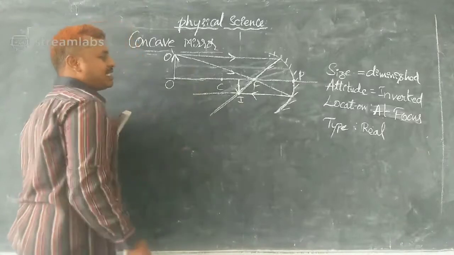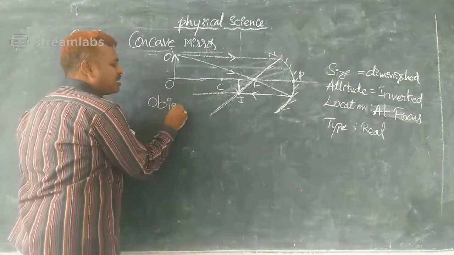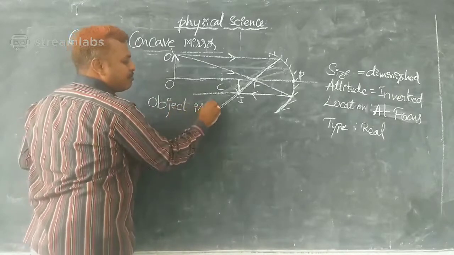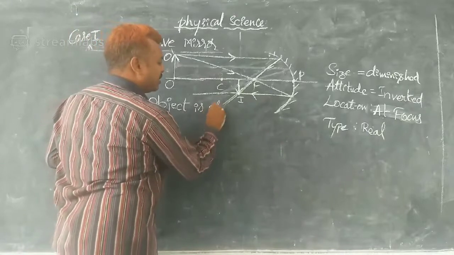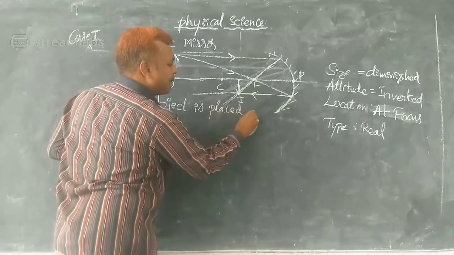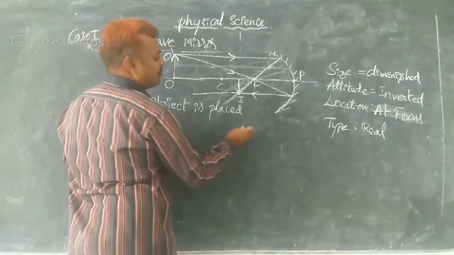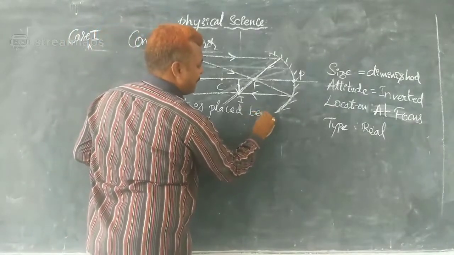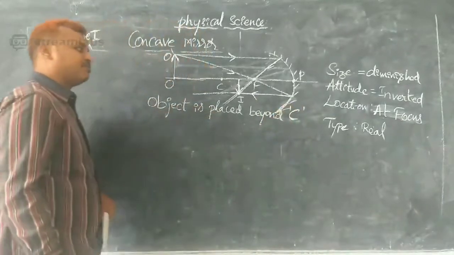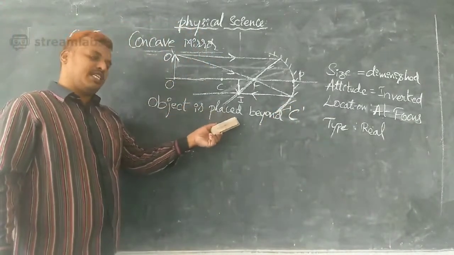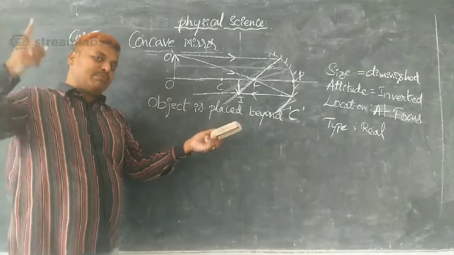Now, second case, the object is placed beyond the center of curvature, beyond C. Infinite distance is also beyond C only.